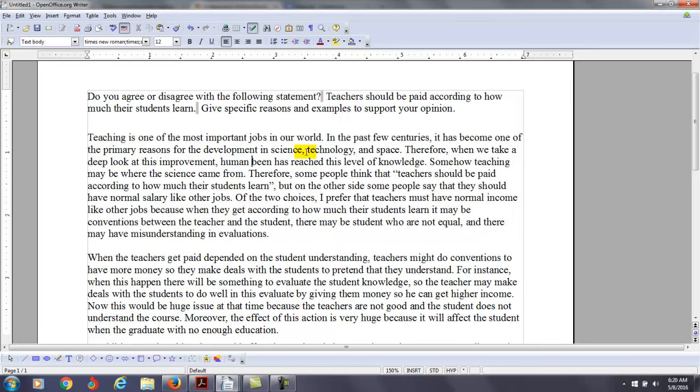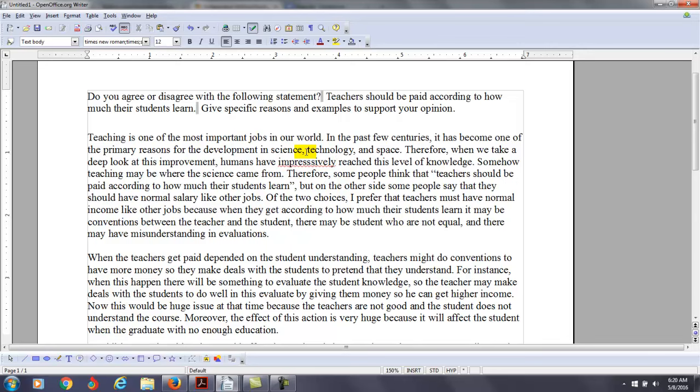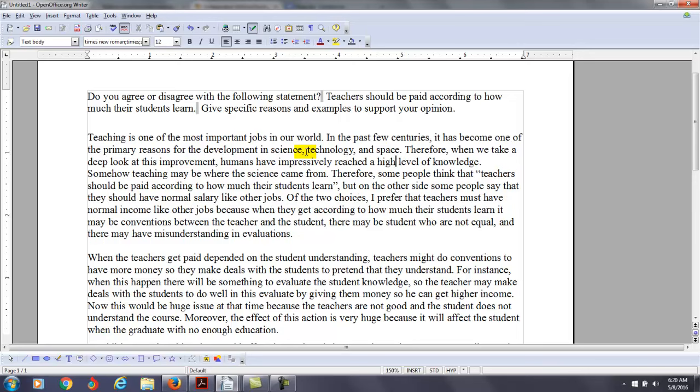Humans impressively reached a high level of knowledge. Somehow teaching may be where the science came from.